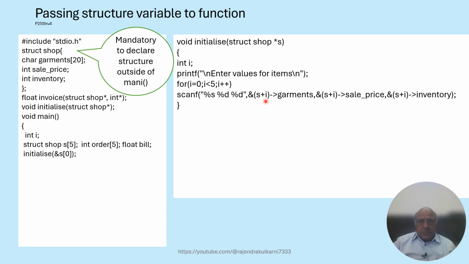When I is 0, the values entered using this scanf statement will be assigned to the 0th element of array S of the main. When I becomes 1, then the next element of the array S will be assigned these values, and so on up to I less than 5.